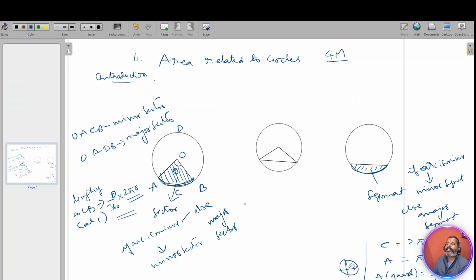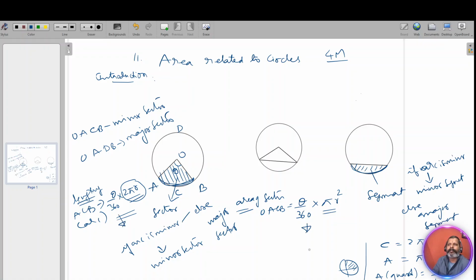What is the area of the sector? Area of sector OACB is in the same way theta by 360 into, since area is asked, we have to write area of a circle. I have given a clue. For the length of the sector, you have to write the circumference. Theta by 360 is the common part.